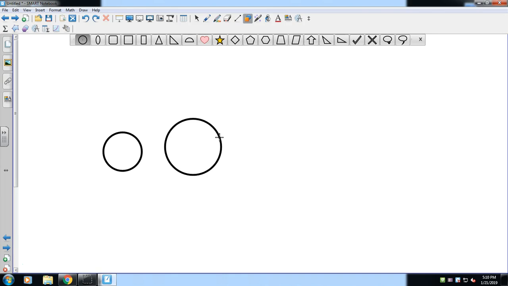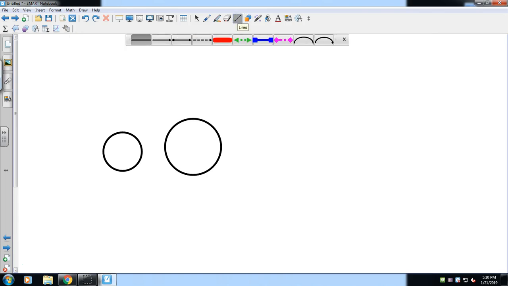And I want to find as many points of tangency as I can. So I want to draw lines, or line segments, we'll call them lines, but they don't go on forever.